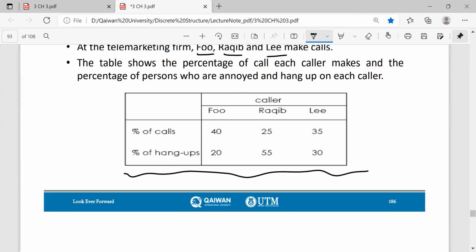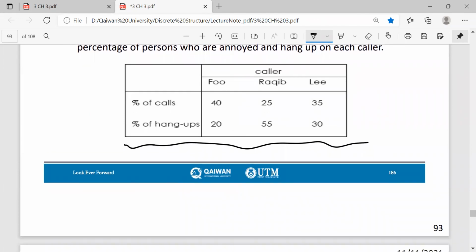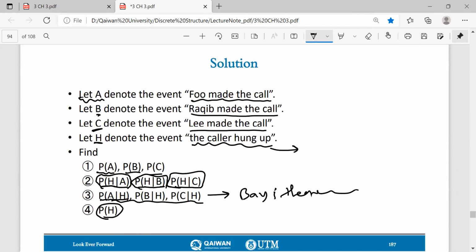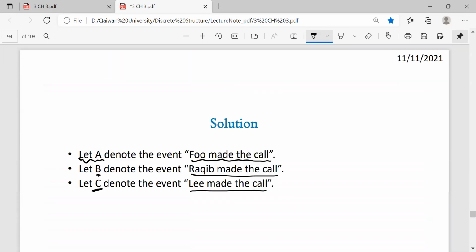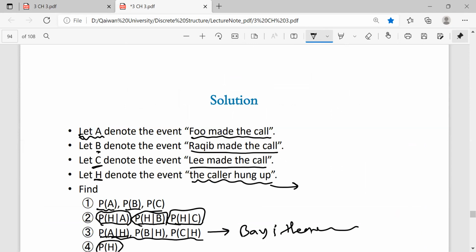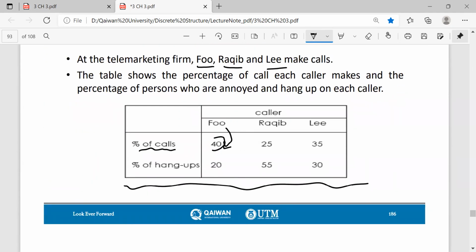Let's find them for this example here. So probability of A is the probability of making calls by Fu, which is 40%. It's given in the table. We let A denote the event of who made the call, so the percentage of calls made by Fu is 40%.